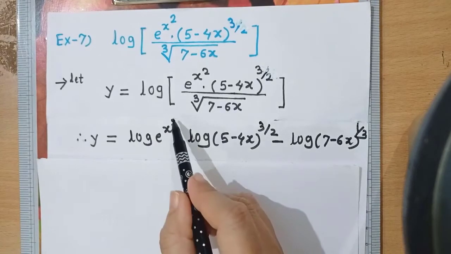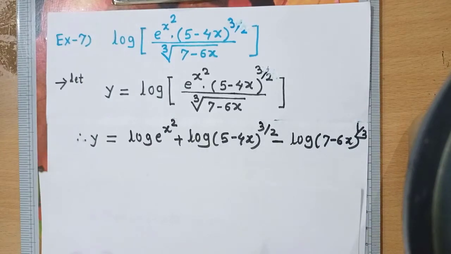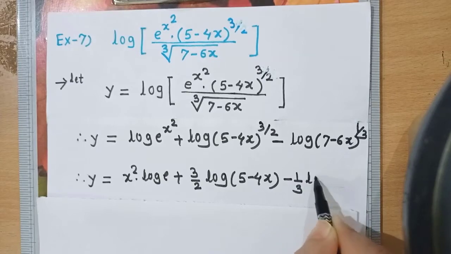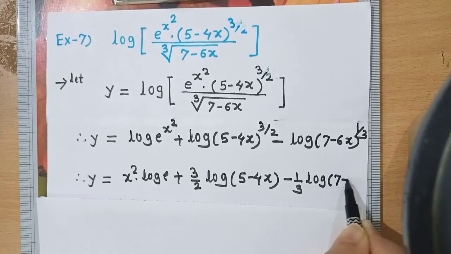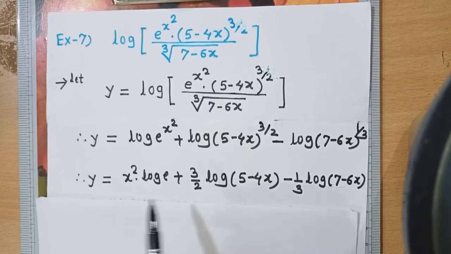So we will write minus log of 7 minus 6x raised to 1 by 3 for cube root. Now again this index comes here, so by the rule, here 1 by 3 log of 7 minus 6x. Now this function is in simplified form, so differentiate this with respect to x.